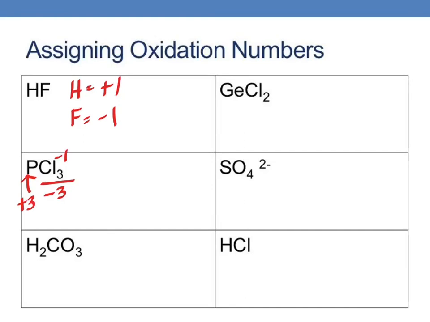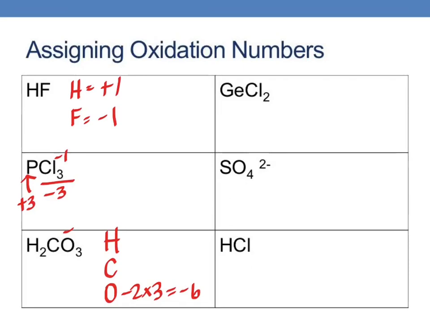Next we have H, C, and O. So what is the oxidation number of O? Minus 2. And we have 3 of them for a total of negative 6.